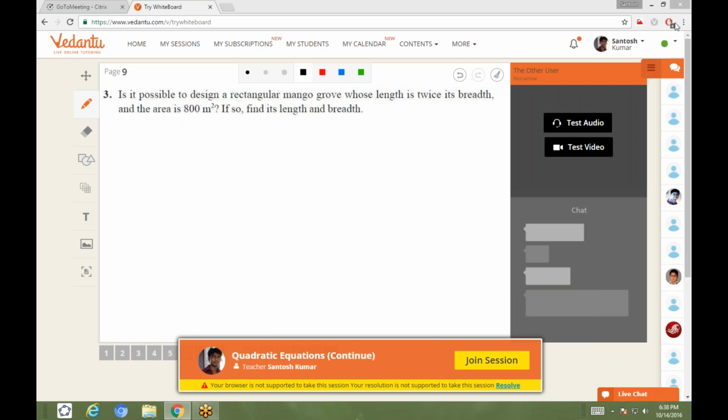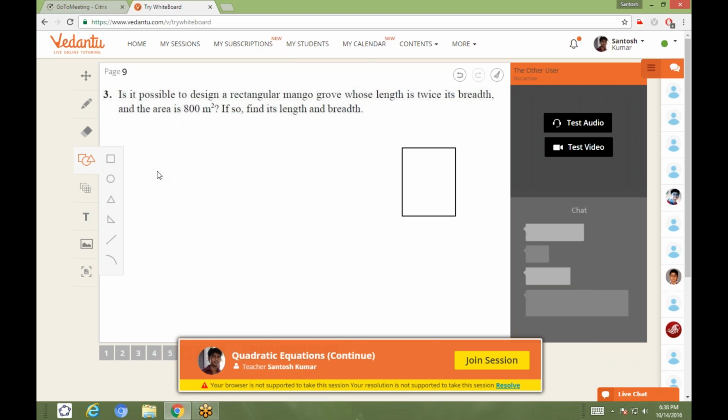So first of all, we have to design a rectangular mango grove. Let's say it is something like this. They are just asking us to check whether it is possible or not. In order to check, they have given some relation between length and breadth. It says that length is twice its breadth.